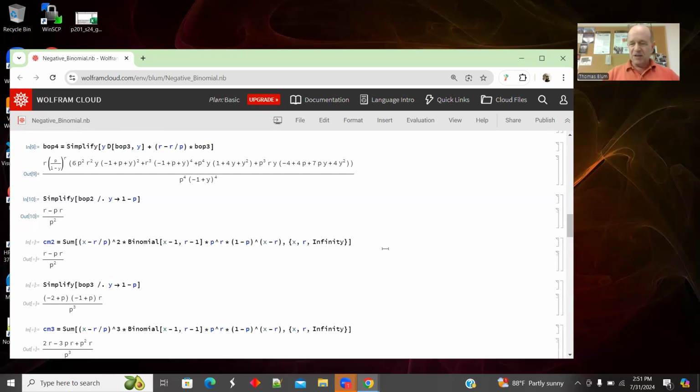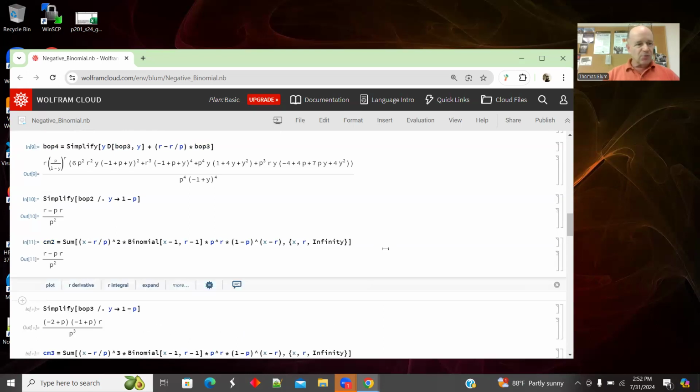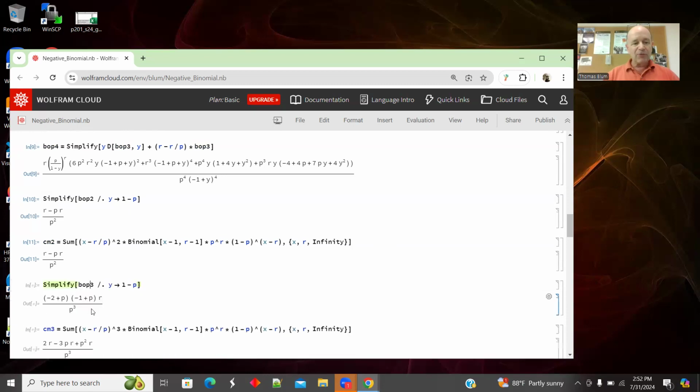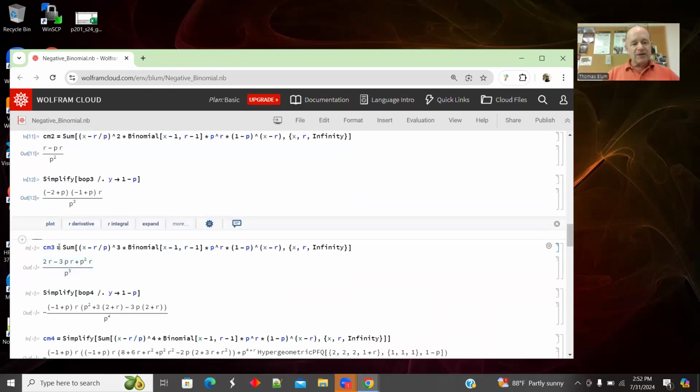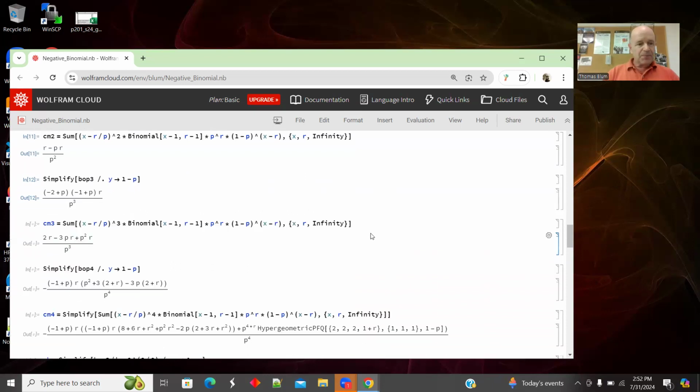If I just let Wolfram do it all for me, yes, so we agree. So here I take what I call BOP3 and make my substitution and simplification, and I get an answer. And then I go back to the original sum and say, what if I just let Mathematica do it all for me?